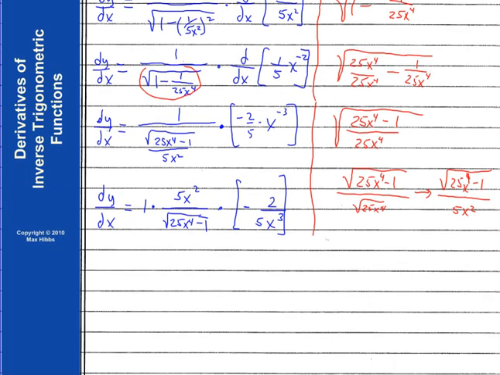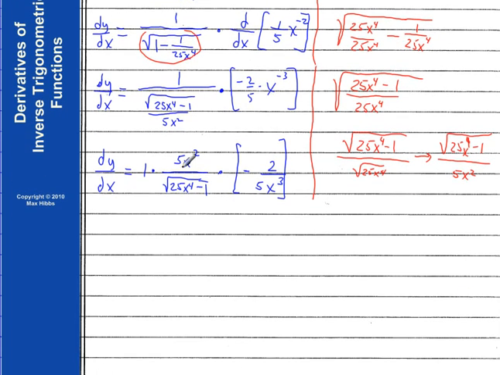Now here's where we are. Of course, multiplying by 1 is not changing anything, and we're going to be multiplying two fractions together. One's positive and one's negative.